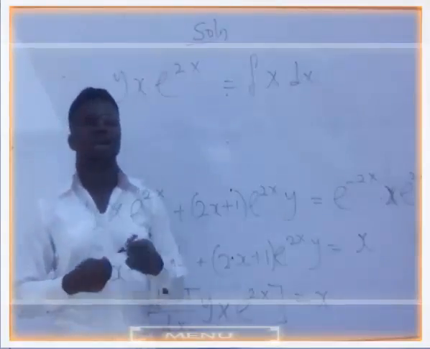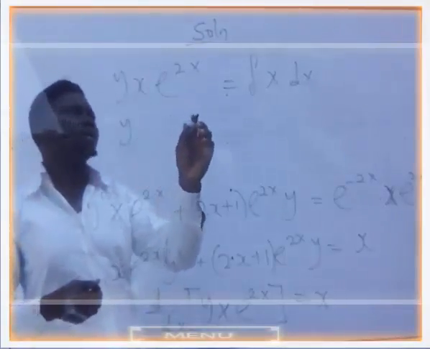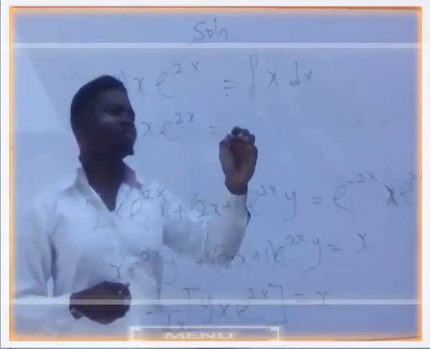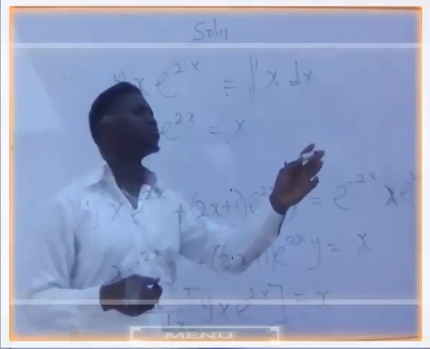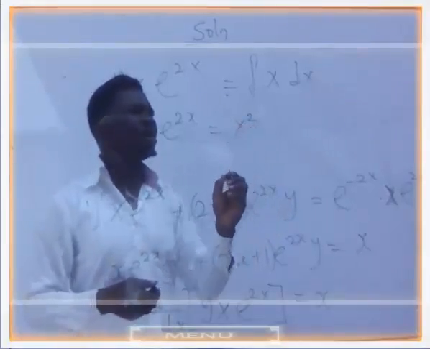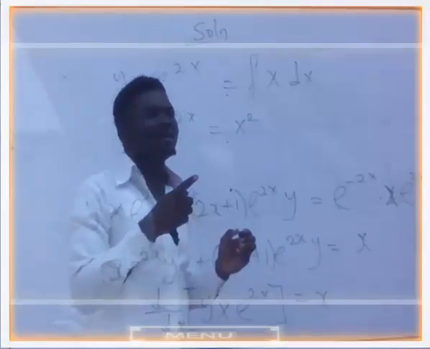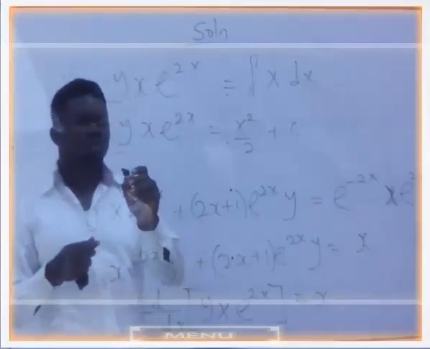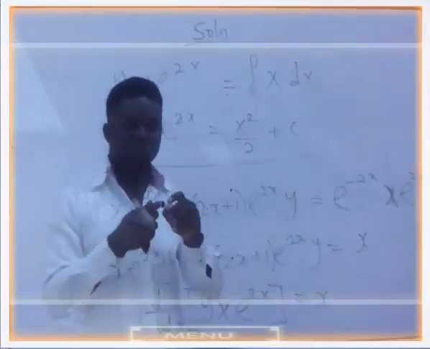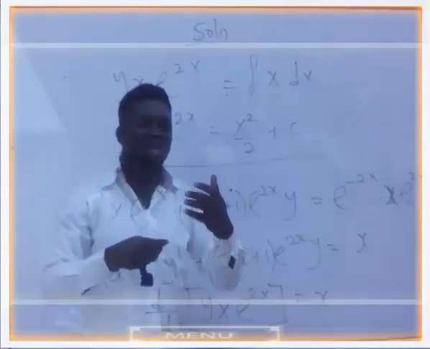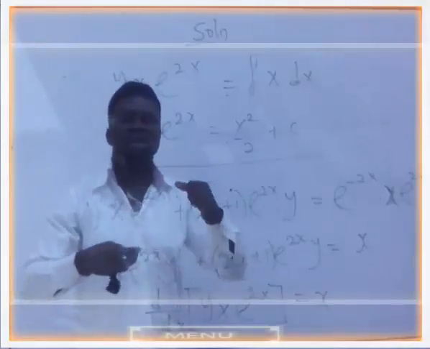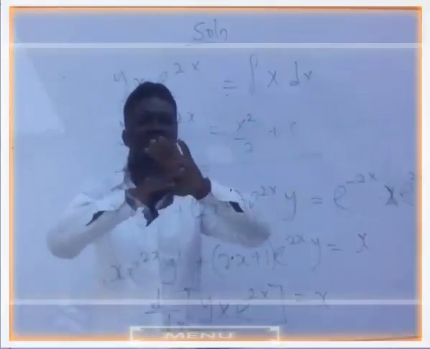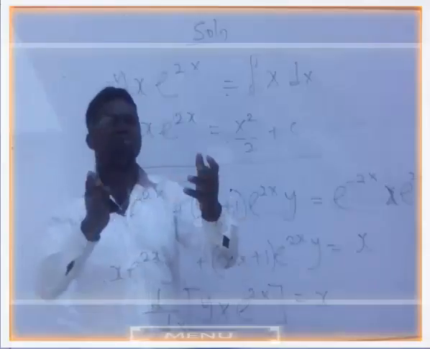So I have y x exponential 2x is equal to x squared over 2 plus c. Whenever you try your best by removing the differential coefficient from the question, at this part there's no more y prime.